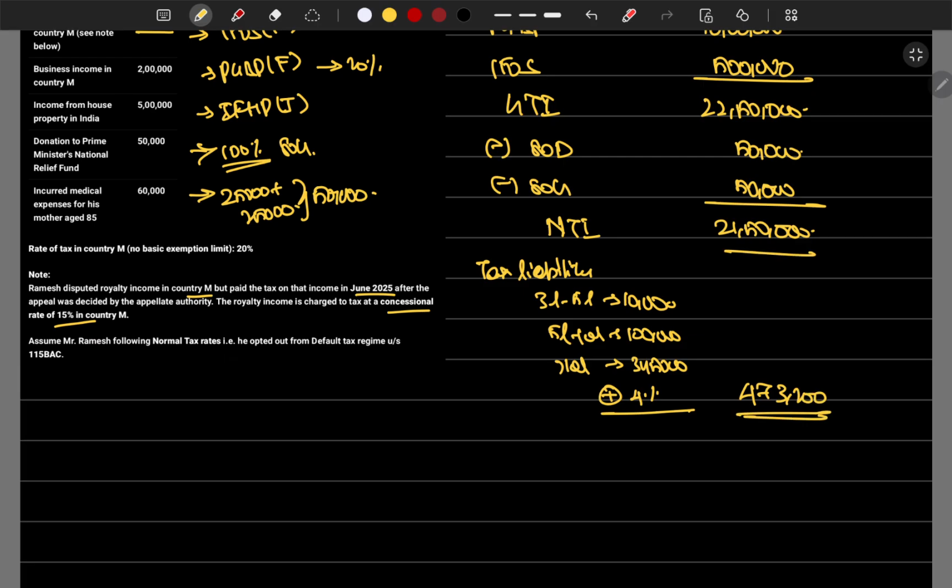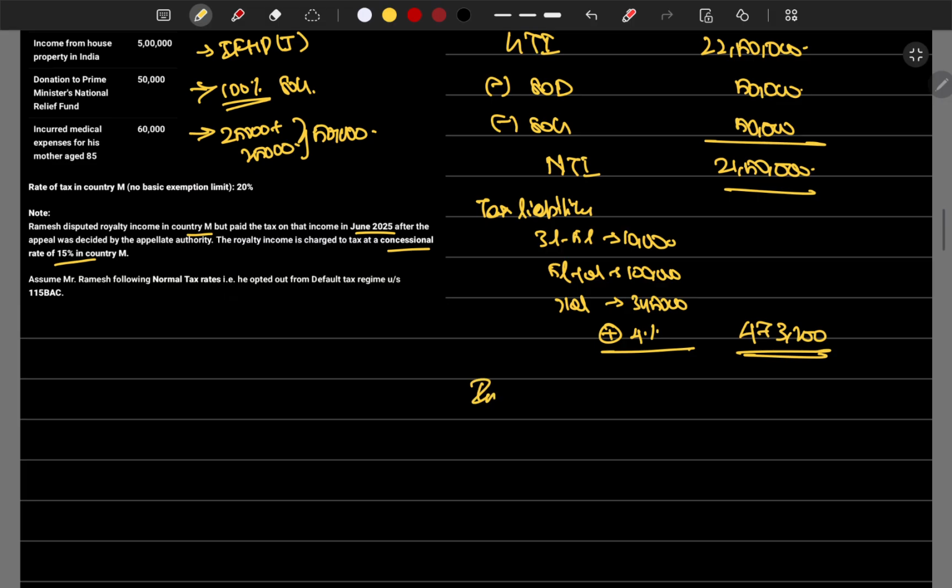Okay, so we found out the tax liability. Now what's the tax rate in India? 4 lakh 73,200 divided by 21 lakh 50,000, the net taxable income. So 22% it is coming. So 22% is the Indian tax rate, but foreign tax rate is 20%. Whichever is lower, 20%.